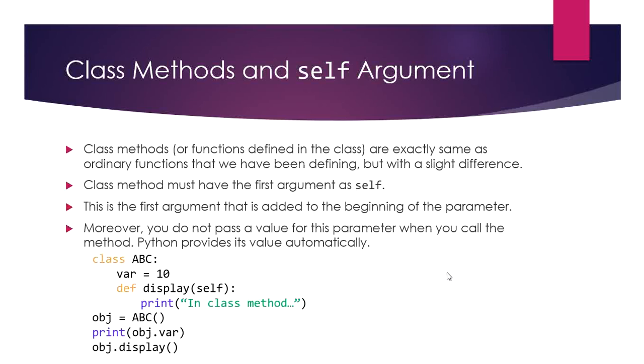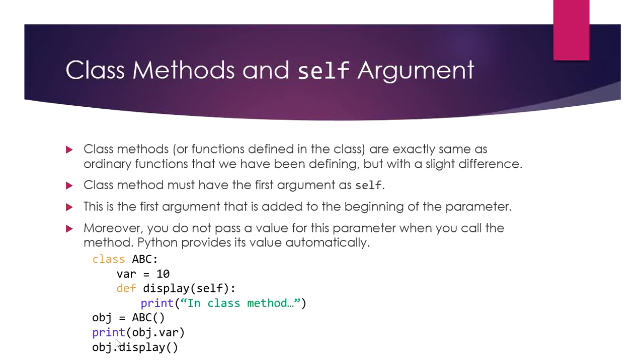Here's an example. We have a class ABC, as we had before, with a variable var equal to 10. But now I have a method, that is a function inside the class, called display(self). You can see I have the first argument as self, and that is compulsory. Then we have a print statement which says "in class method".